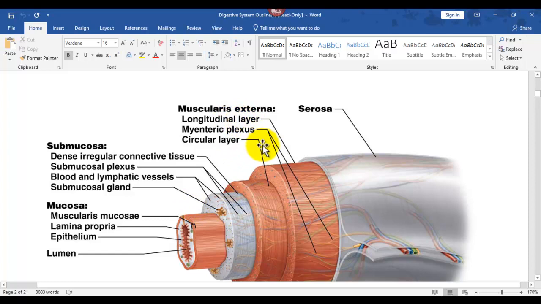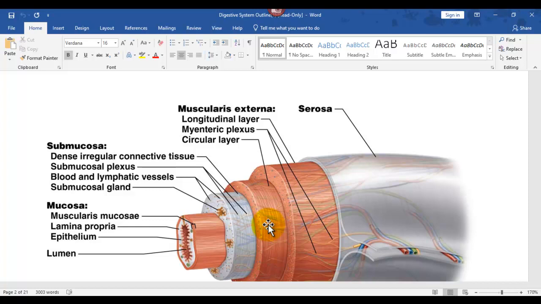Here's the muscularis, or muscle layer. There's a longitudinal section that goes lengthwise and can cause it to shorten or even lengthen. And this is a circular layer that contracts and squeezes food through the digestive tract. It's called peristalsis. The top part is contracting and food is moving down, and the portion underneath is relaxed.